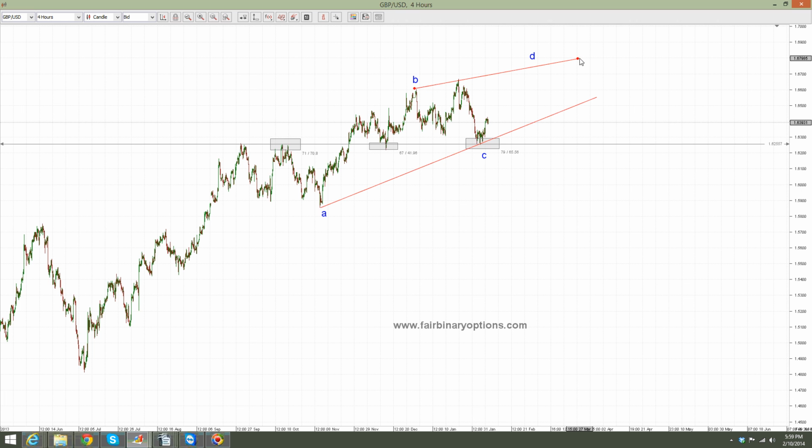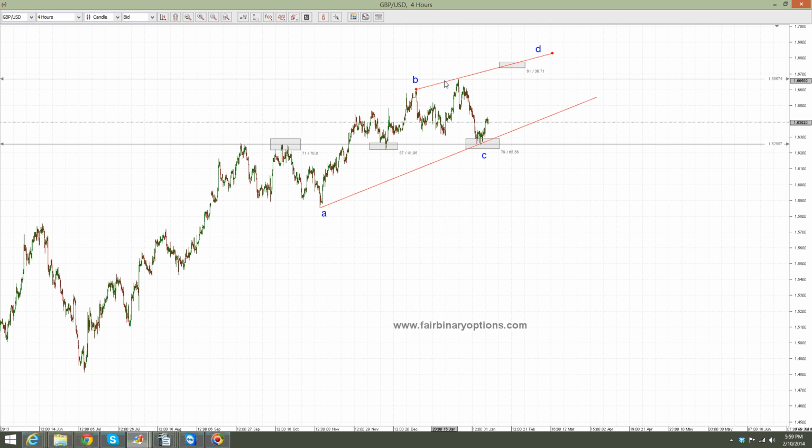Therefore, our line is not like this or like this or like this, but it should be above that high. What I'm trying to say is that the minimum distance to travel for the D wave to the upside should be this one here. So definitely to take the previous highs and definitely to reach this line there.